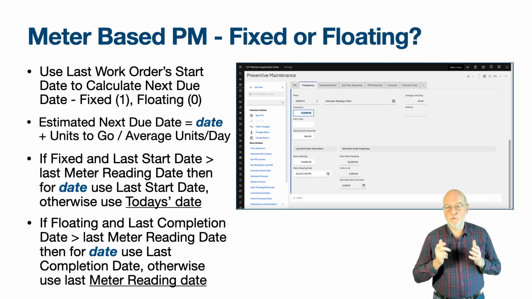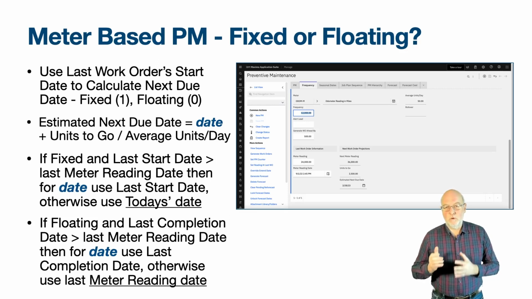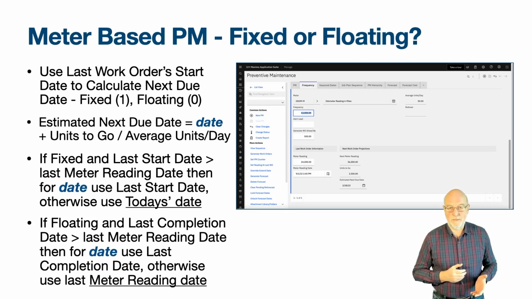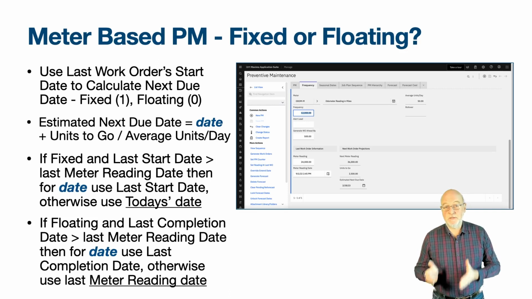By generating work orders in advance, you are not allowing a change in the average units per day of the meter to ever have an effect. The units to go will reduce as you make meter readings, but a fixed schedule is going to ignore when the last meter reading took place and instead use today's date.